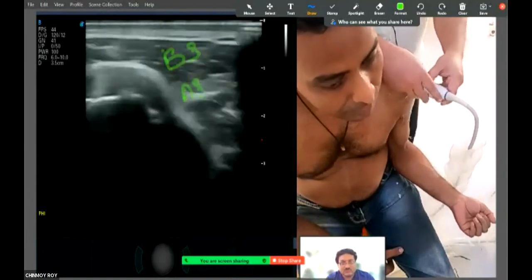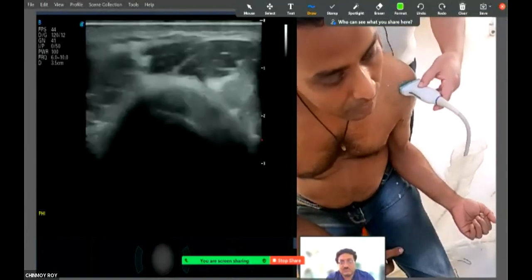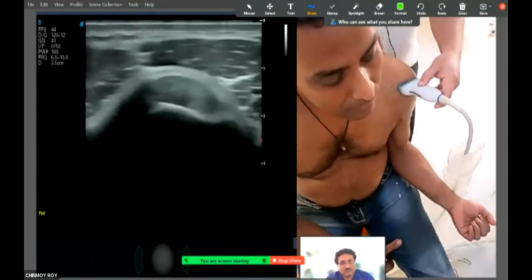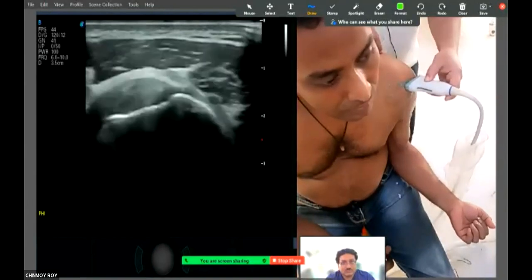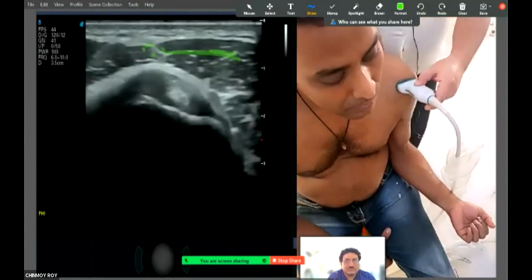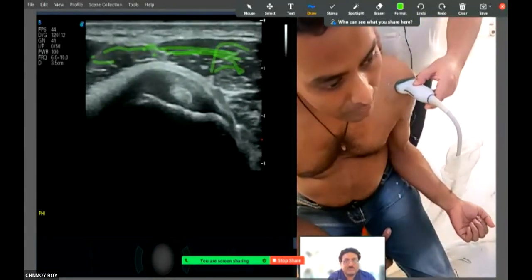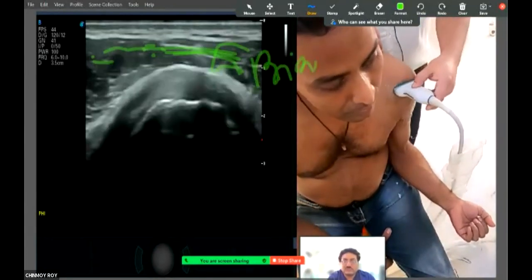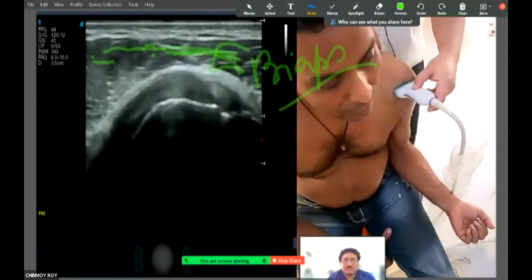So these muscles, we know that this is the biceps muscle. The most superficial one is the biceps muscle. Okay, then let us go to the next step.